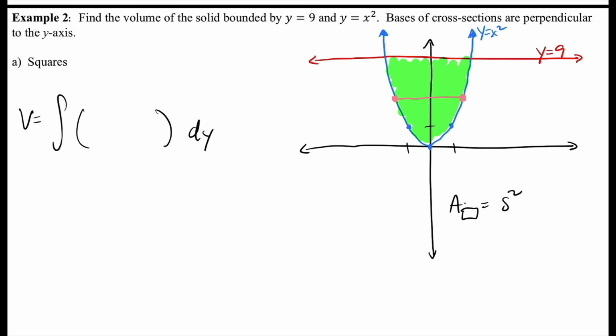Okay. So we have to figure out the side length of one of them. So how do I determine the side length from here to here? How am I going to determine how long it is or how far it is from here to here? That's going to help me find area.